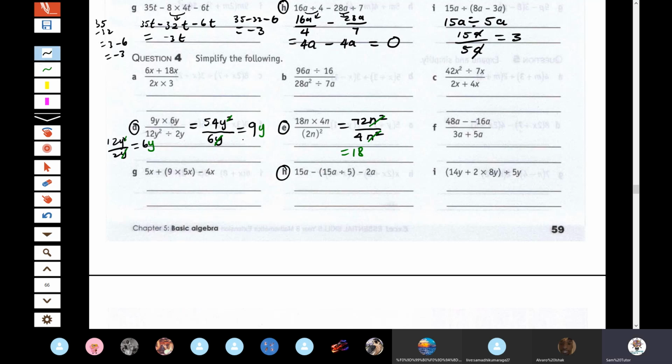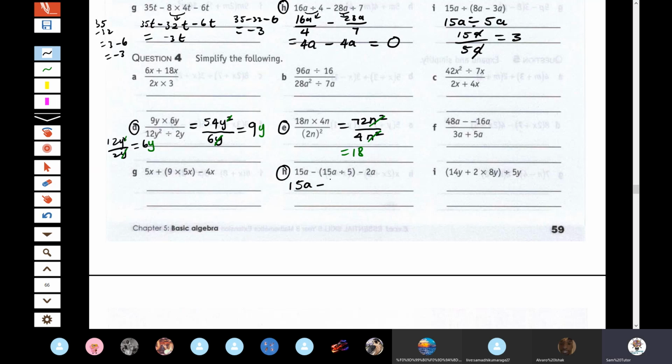Let's try H. 15a take away 15a divided by 5. Okay, this is a big one. 15a, you can't do anything to that. Minus, I've got brackets, so I'll do the brackets first. What's 15a divided by 5?